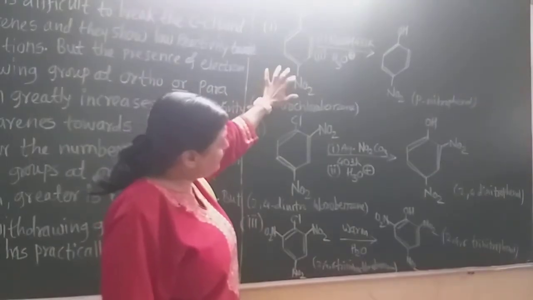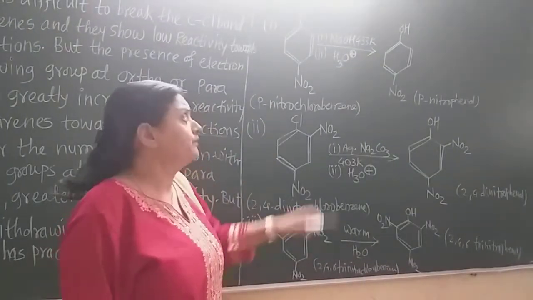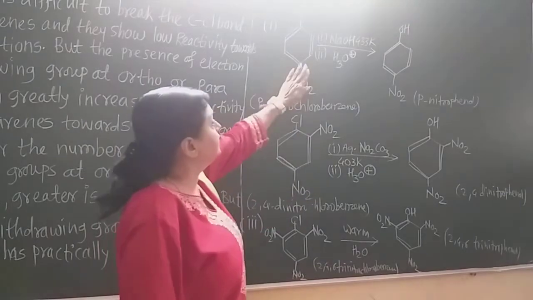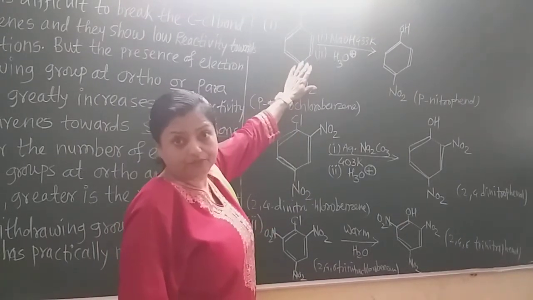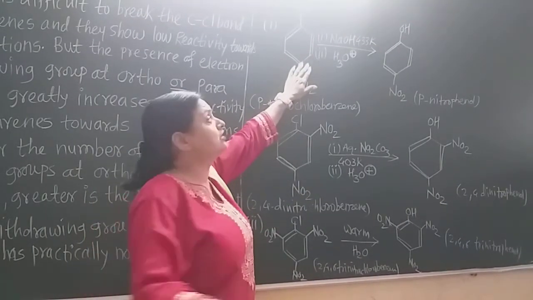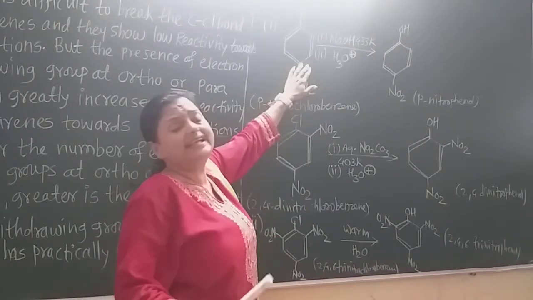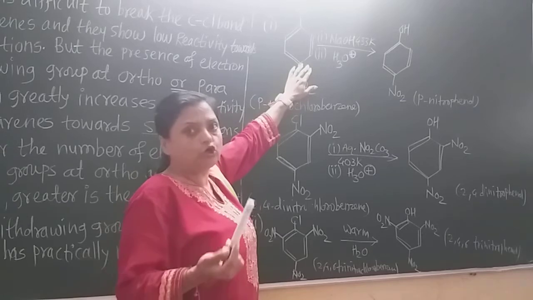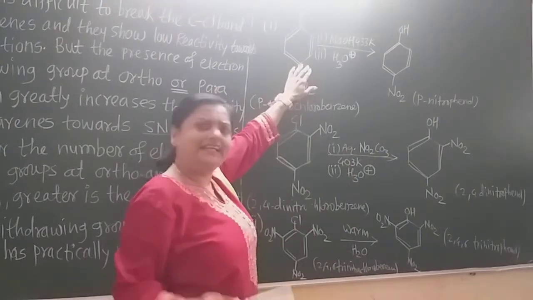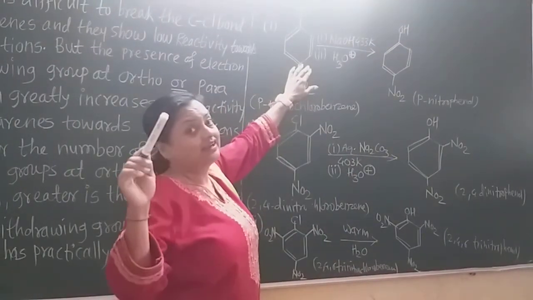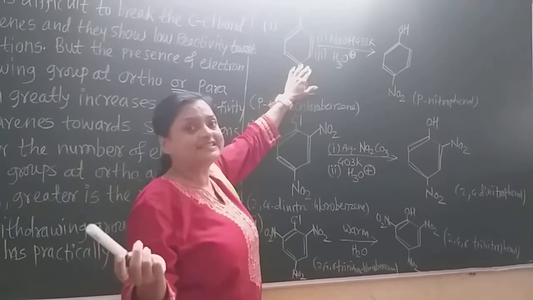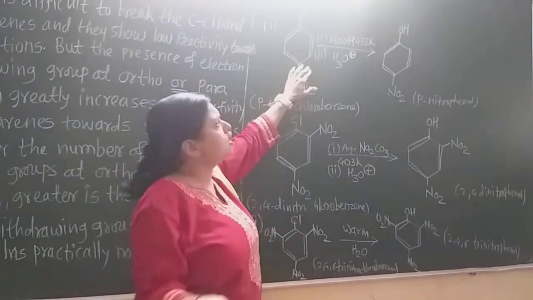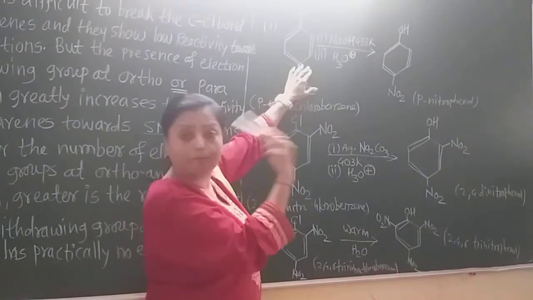Now what happens due to this electron withdrawing group? Somewhat the reactivity increases. Suppose there is only chlorobenzene. If chlorobenzene reacts with aqueous alkali, then, as in alkyl halides there is formation of alcohol, in haloarenes there is the formation of phenol.